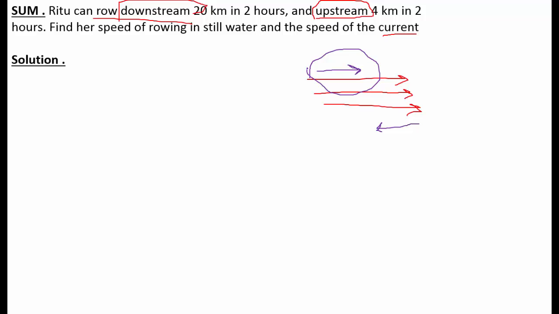Now we have two cases. First is if the speed of moving water, means if the speed of water is greater than the speed of body. For opposite direction we are talking. For upstream, if the speed of water will be greater than the speed of body, then you know that we will swim in the direction of water.